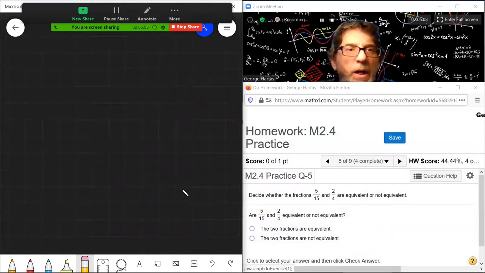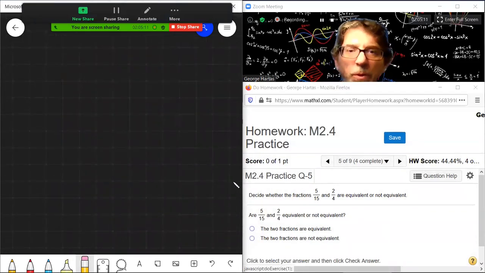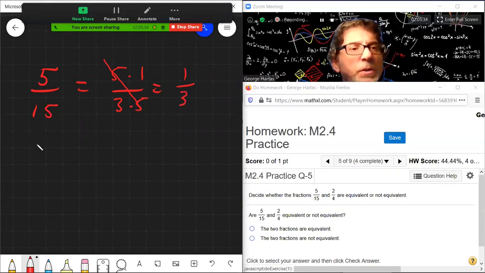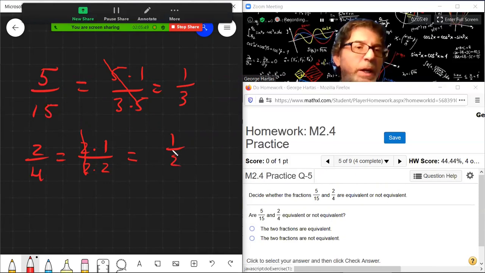All right, so we have one more before we switch gears, I believe, on the next problem. So I think by now you're getting the understanding, right, of what we're looking to do. 5/15, 5 times 1, 3 times 5, the 5s cancel, 1/3. 2/4. 2 times 1, 2 times 2, 2/2 cancels, 1/2. 1/3 is not the same as 1/2.